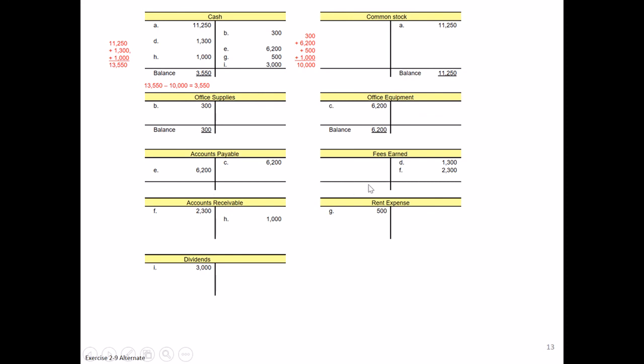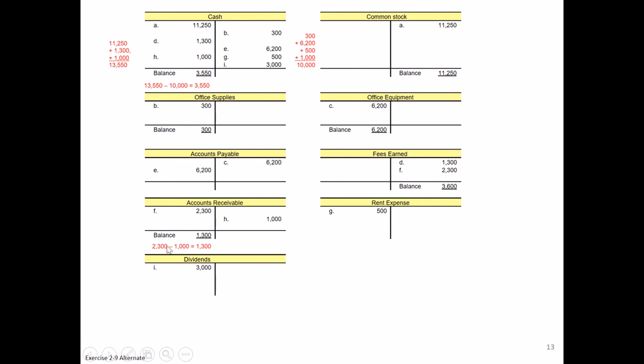Fees earned, we earned revenue from two different services. 1,300 plus 2,300 means we have a credit balance of 3,600. Accounts receivable, we're going to have a resulting debit balance of 1,300. So we're going to take our debit of 2,300, subtract from it, because that reduces the IOU from our customers, 1,000.